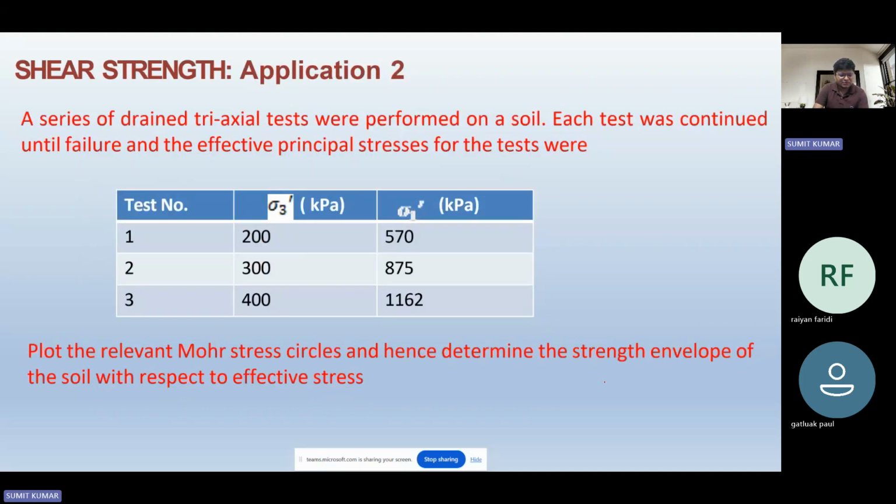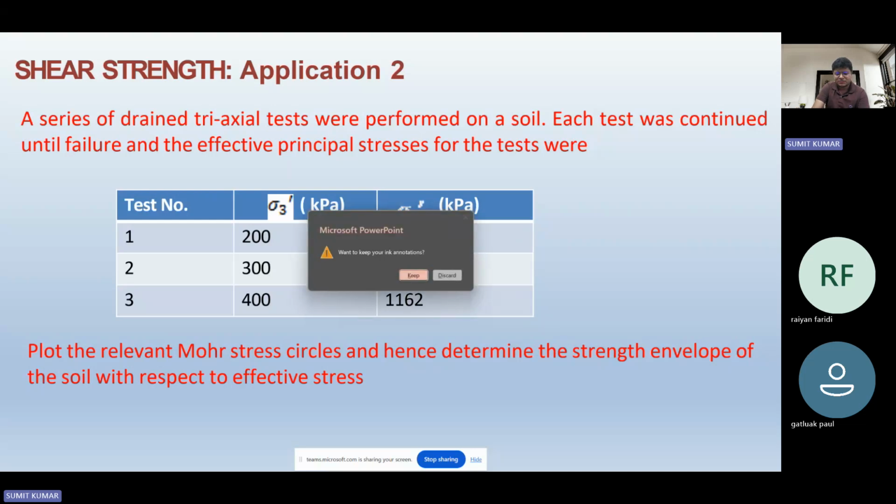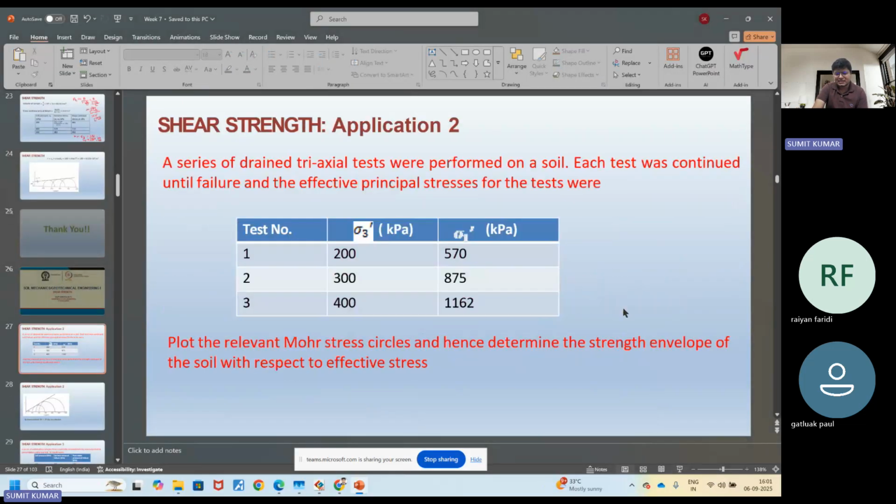Now the second problem, a similar problem, is there. Let me leave you with this question for some time to solve by yourself, and we will take a small break for 5 minutes, and once we come back I will start discussing. In the meanwhile, please try to solve this problem.